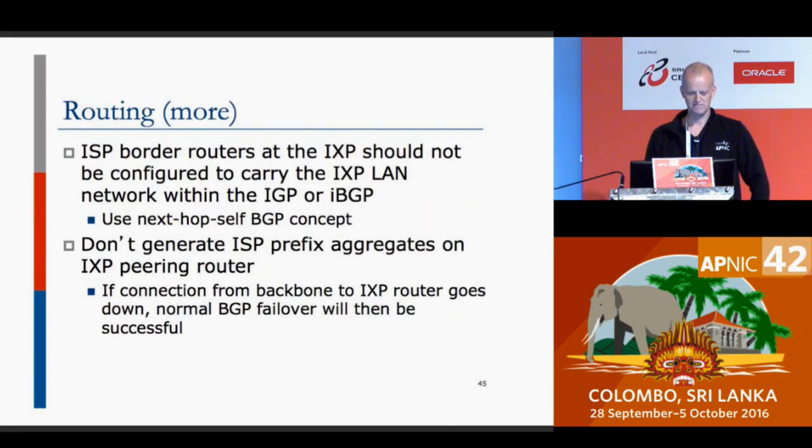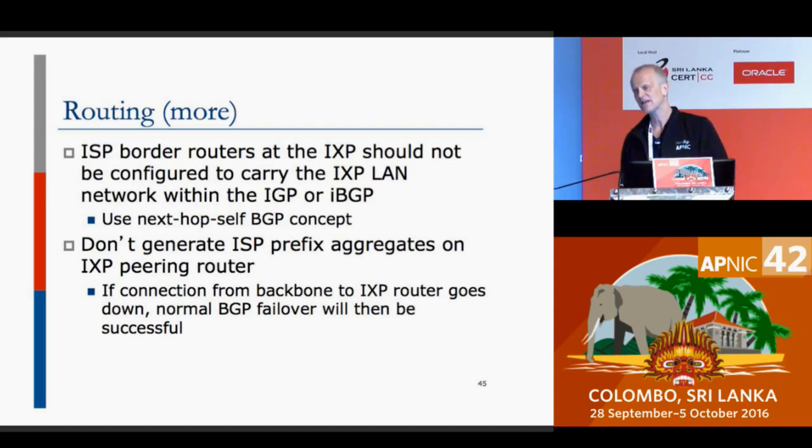What else? Again, on ISP routers at the exchange, try not to carry the IXP LAN around the IGP. Use next-hop-self if you know your next hop, the IX LAN appearing across the backbone, so that potentially we don't leak the IX address space onto the global internet.